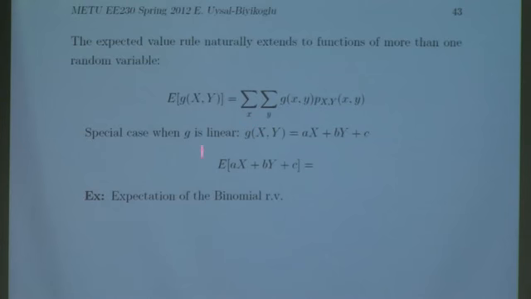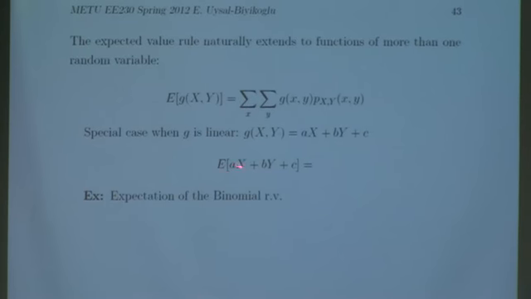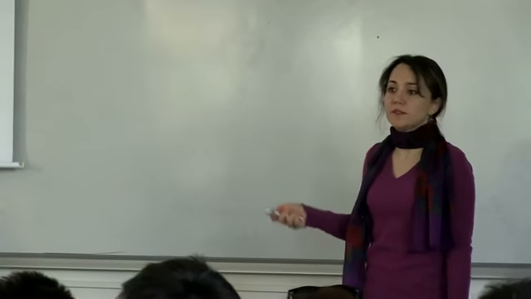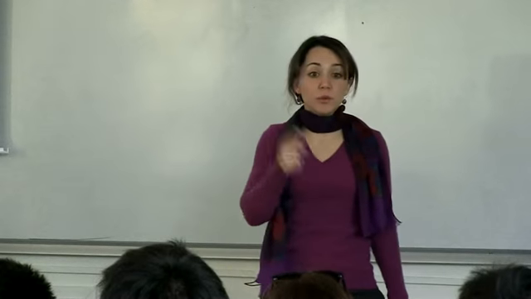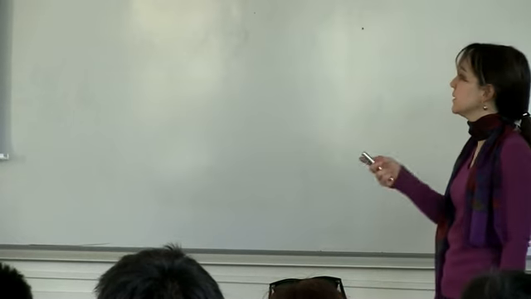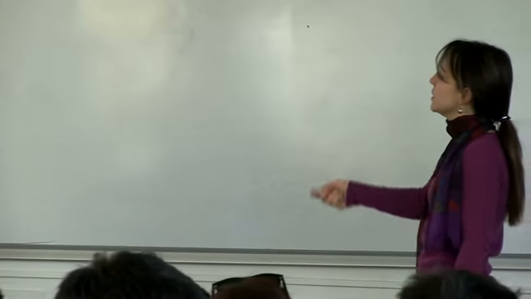When g is linear, since expectation is linear, we can change the order of this linear combination and expectation. So expected value of ax plus by plus c is nothing but a times expectation of x plus b times expectation of y plus expectation of c. But what is the expectation of c? C itself. Expectation of a constant is the constant itself.